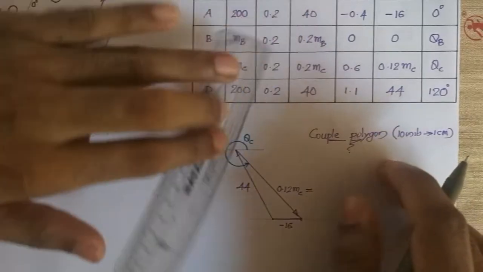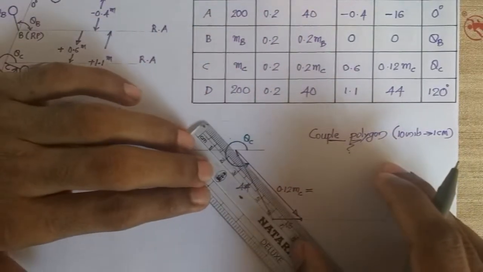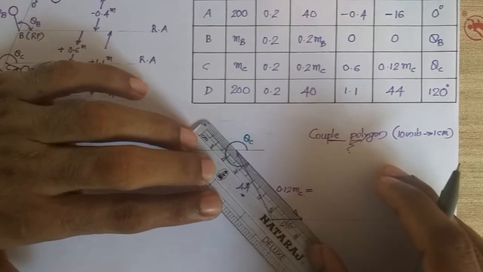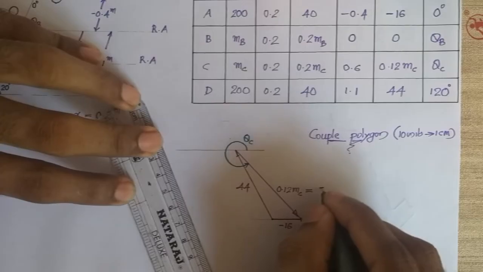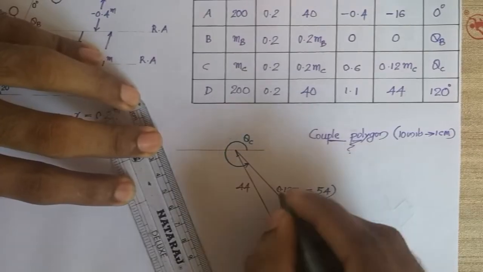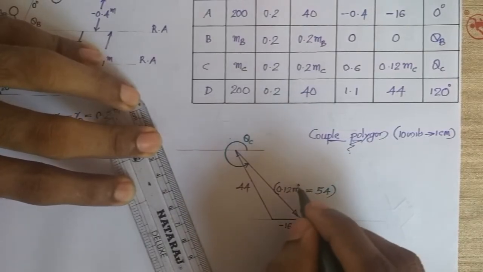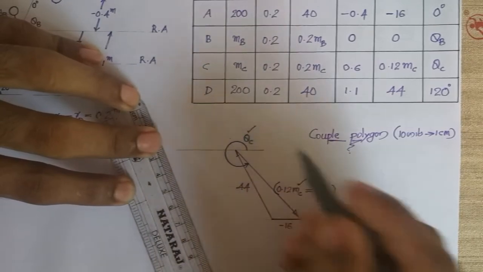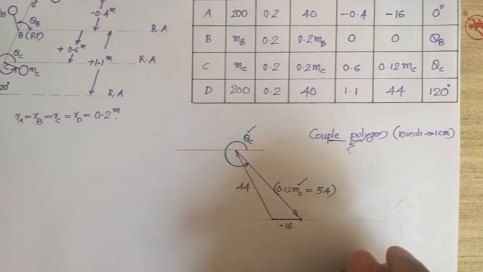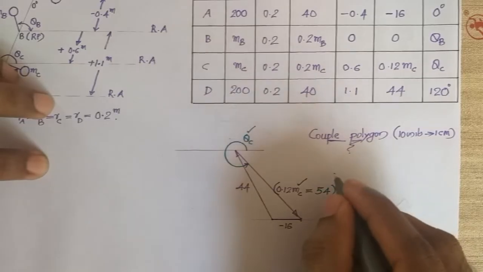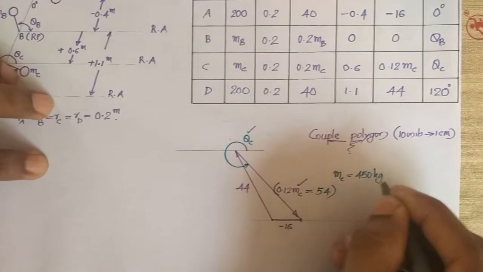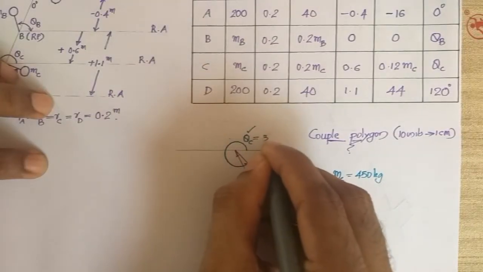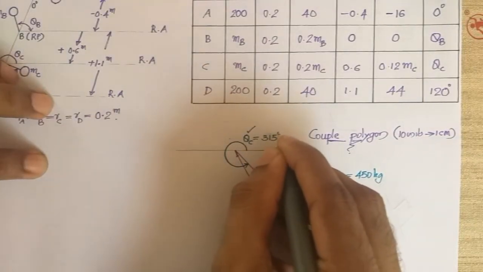If you measure the length of the vector and convert it with the scale, it comes around 5.4 centimeter, which means around 54 units. So if you solve this one you will get MC, and if you measure the angle you will get theta C. Here you will get MC as 450 kg, and theta C as 315 degree.